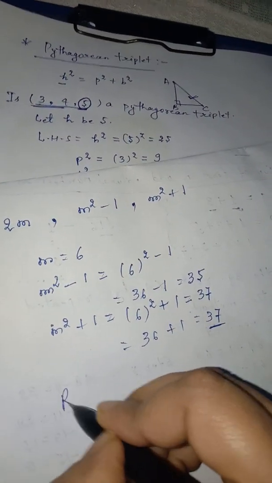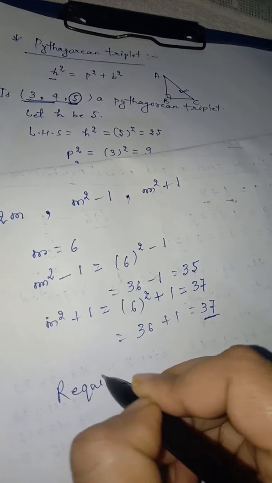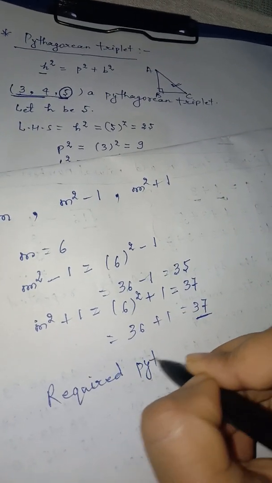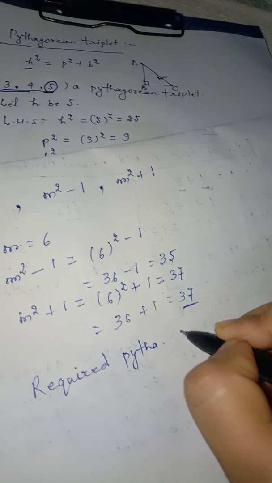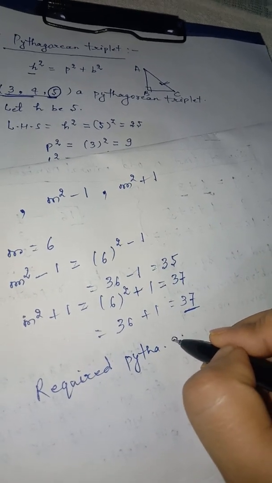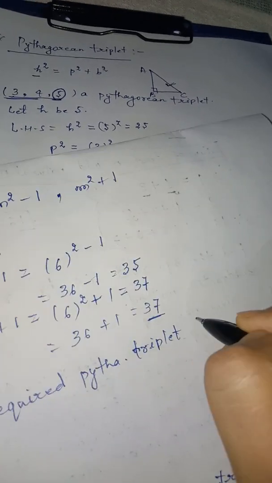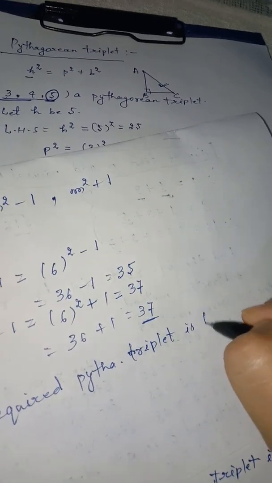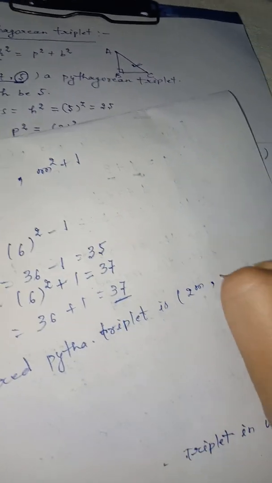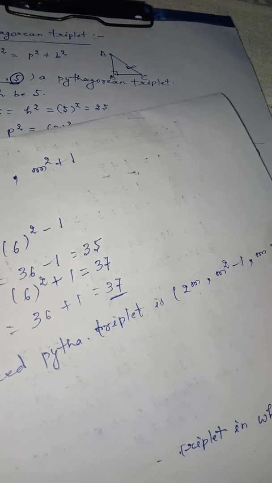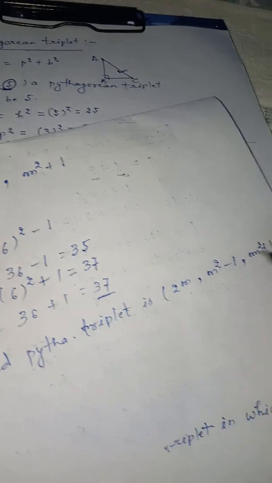Now the required Pythagorean triplet is 2m, m square minus 1 and m square plus 1.